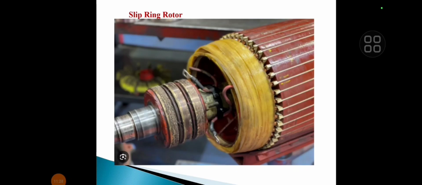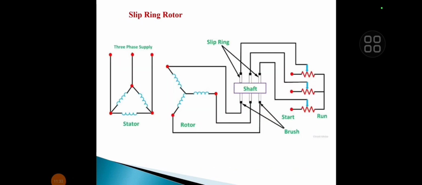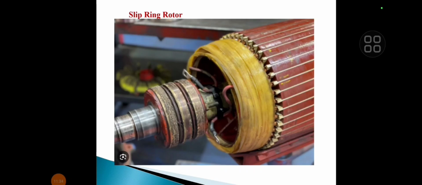So how is the slip ring rotor constructed? On the slots of the rotor, the three phase winding is wound. That's why it is also called the wound rotor.